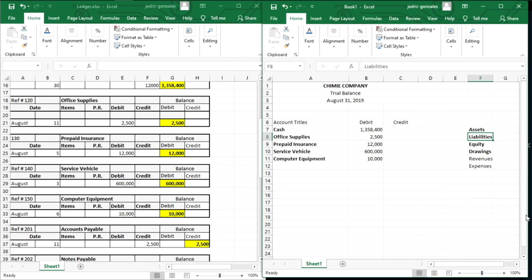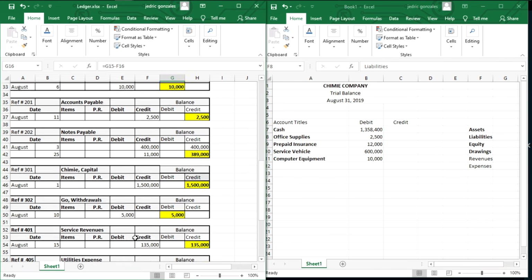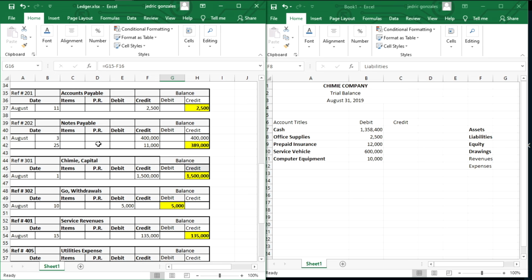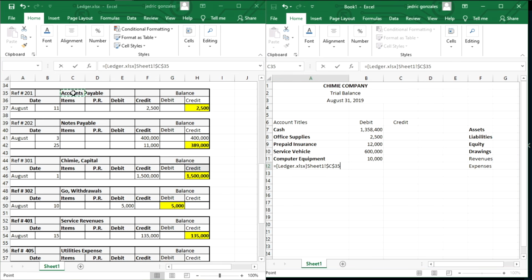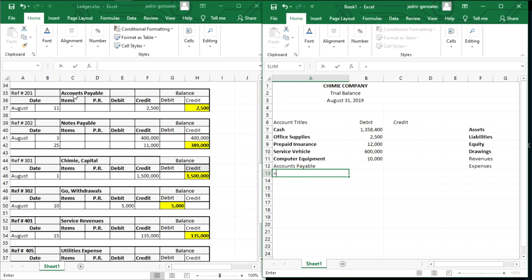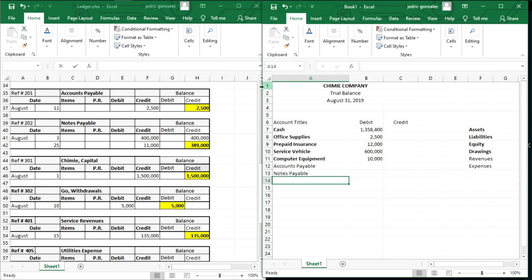Now, we're going to proceed with all the liabilities. Okay, there are only two liabilities here, which are the accounts payable and then the notes payable. So, let's just copy that. Accounts payable and then notes payable. Then, for liabilities, alam natin na ang normal balance niyan ay credit.